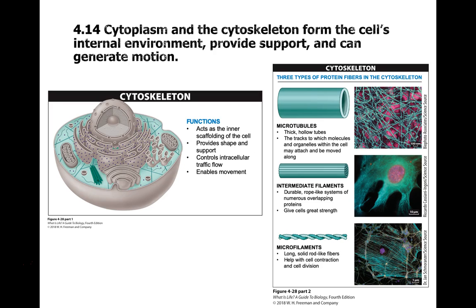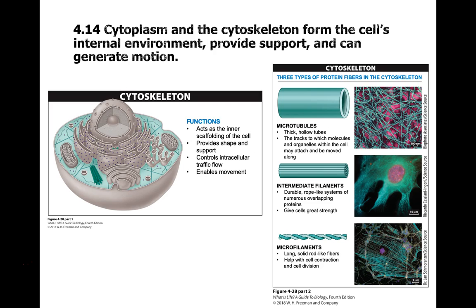It's actually not, but it's really flexible, it's really thin. So the majority of the structure, particularly in an animal cell where we don't have a cell wall, actually comes from the cytoskeleton. So the cytoskeleton is basically a scaffolding inside the cell that provides shape, structure, support for that plasma membrane.